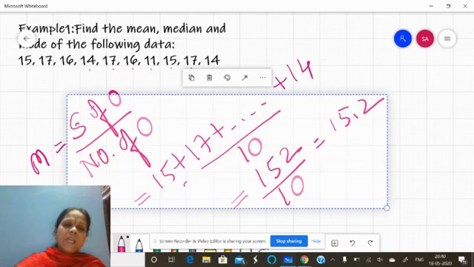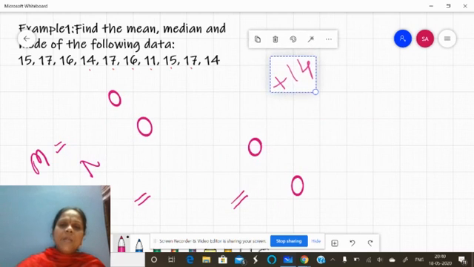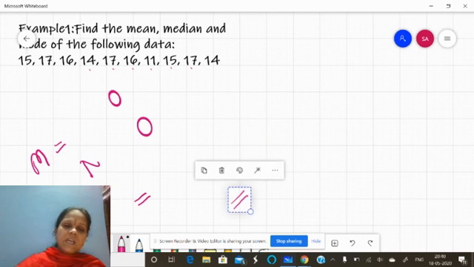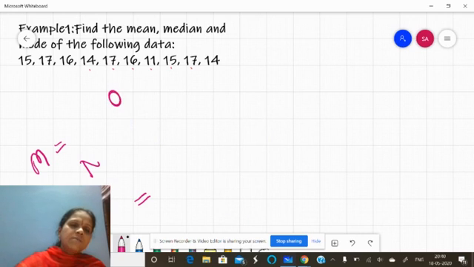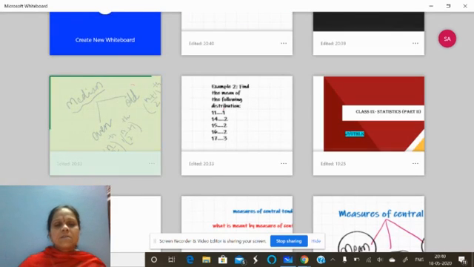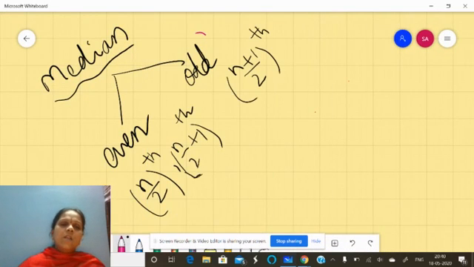Now if I want to calculate the median, first I have to check whether I have odd number of terms or even number of terms in the given data and then proceed accordingly. So let me just take you to the median slide. Now median is of two types. It depends upon the even number of terms of the data and odd number of terms in the data.